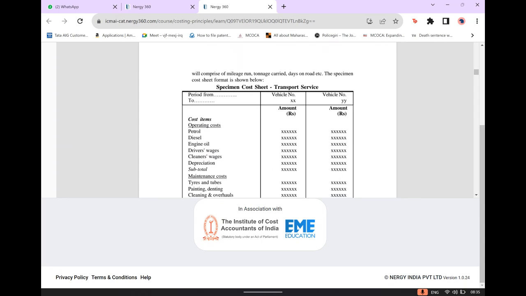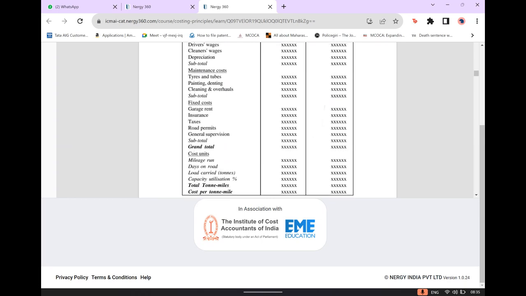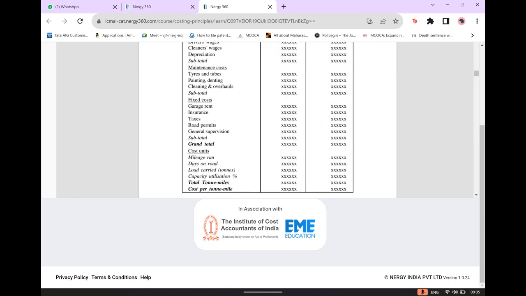So that is the reason why they have taken it as an operating cost. And then variable cost, you have tires. So for the wear and tear, painting, denting, cleaning and overhauling charges, all these things will be your maintenance cost. And then you have fixed cost like garage rent, insurance, taxes, road permits, general supervision. So all these things, you take the total cost.